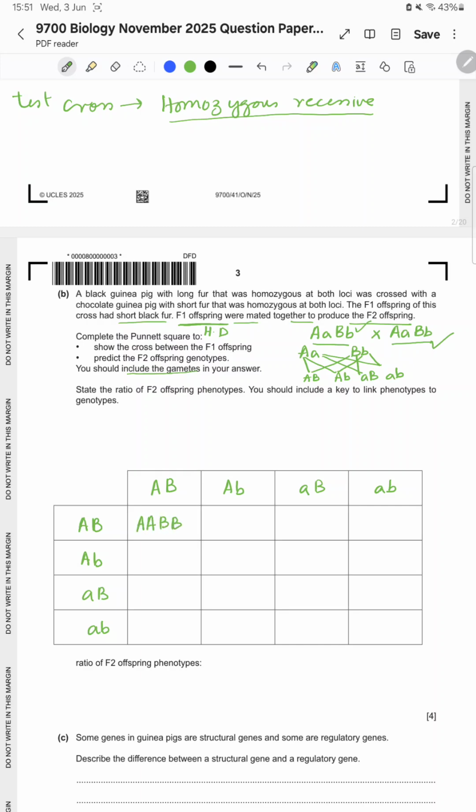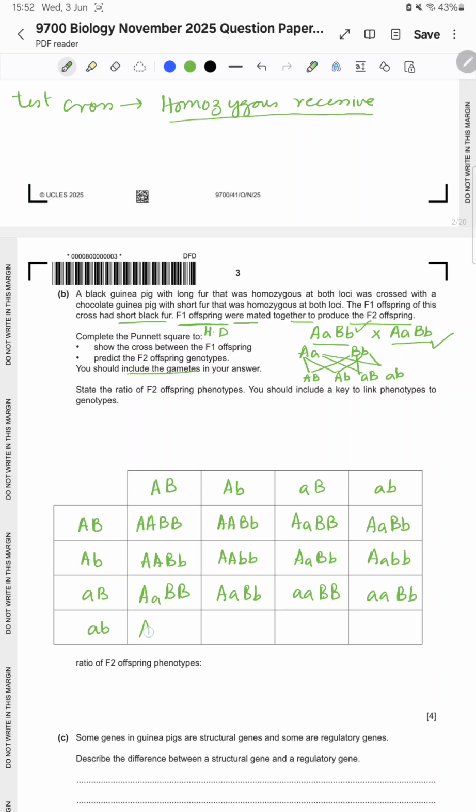Okay, all right. Now after this we have to solve this test cross, this Punnett square, and you keep on doing like that until you actually write down all the possible outcomes in this scenario, and so on.